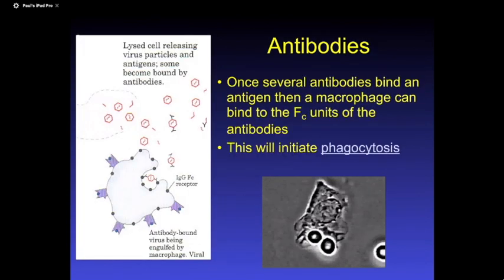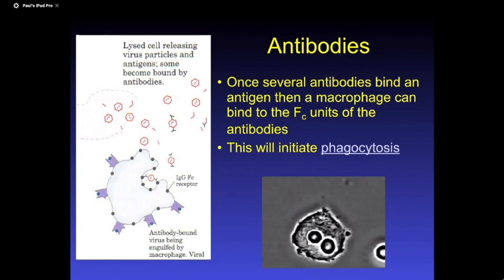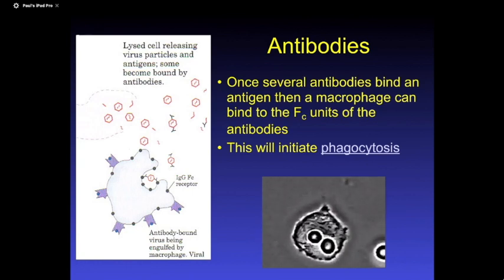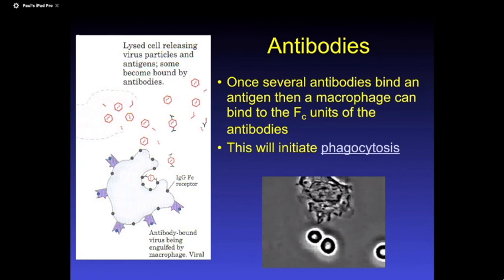Once the antigen is completely surrounded, another cell comes into the battle called the macrophage. Now, what the macrophage is going to do is bind to the constant regions of those antibodies. And what it's going to do is say, hey, I've got something.